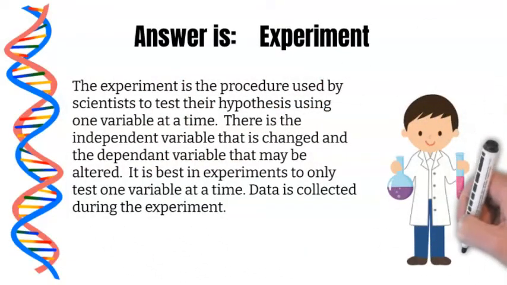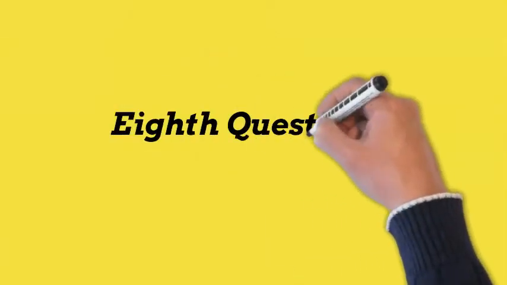The experiment is the procedure used by scientists to test their hypothesis using one variable at a time. There is the independent variable that is changed and the dependent variable that may be altered. It is best in experiments to only do one variable at a time when testing. Data is collected during the experiment.